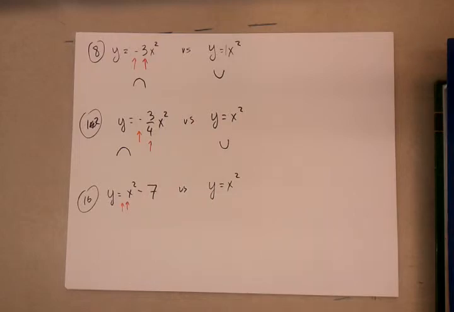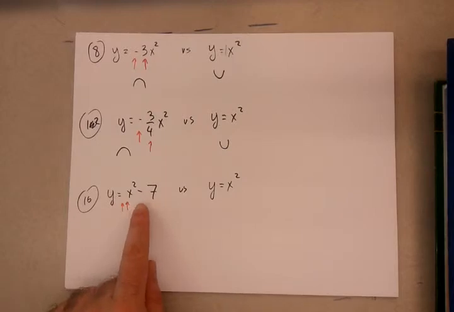So our parabola itself isn't any wider or narrower, and it's facing in the same direction. So they're both facing up. They're both smiley faces. The only thing different is this minus 7. Now what this does is it shifts the vertex. So what you want to write down for 16 is that the vertex of the new parabola is shifted. It's a negative 7.